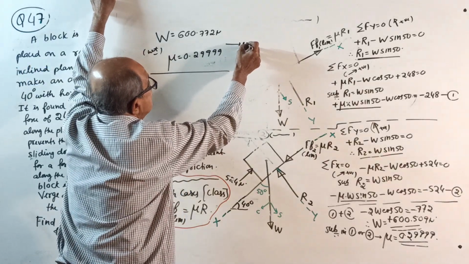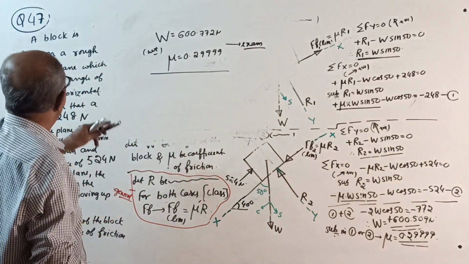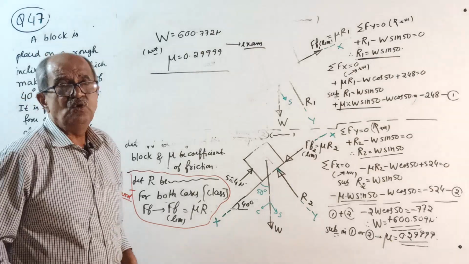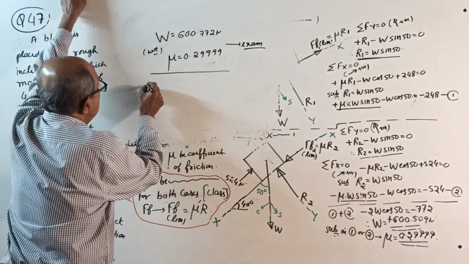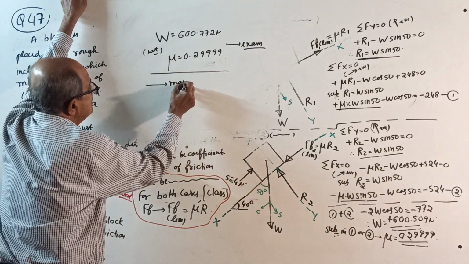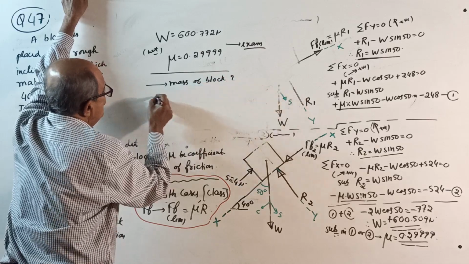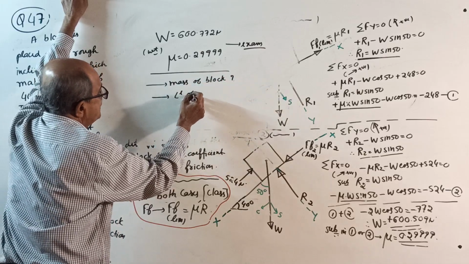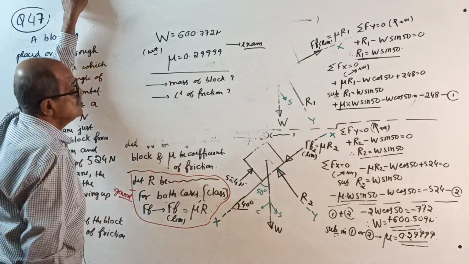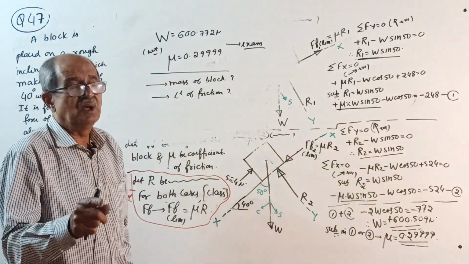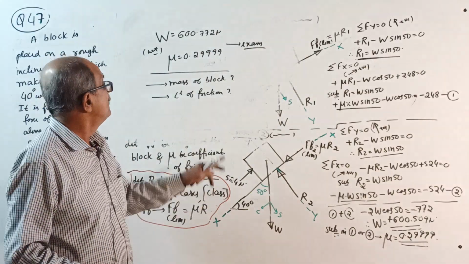Usually, an examination question will ask to find the weight of the block and the coefficient of friction. But in this question, they want the mass of the block and the angle of friction. So even if they want mass of the block, first you find weight. Even if they want angle of friction, first find mu.